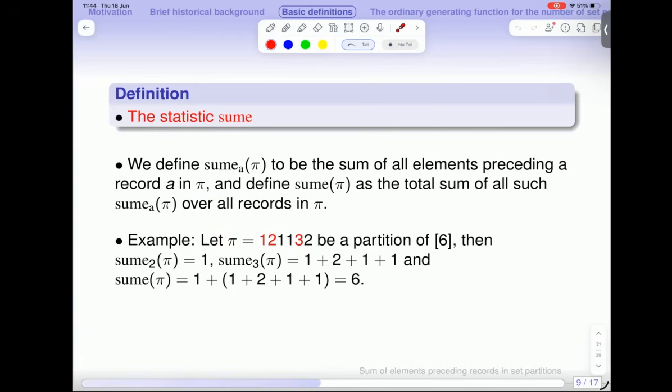We can see that 2 here is a record, and the sum of elements before it is only 1. 3 here in red is also a record, so the sum of the elements before it is 1 + 2 + 1 + 1, and sum pi is equal to sum 2 plus sum 3.